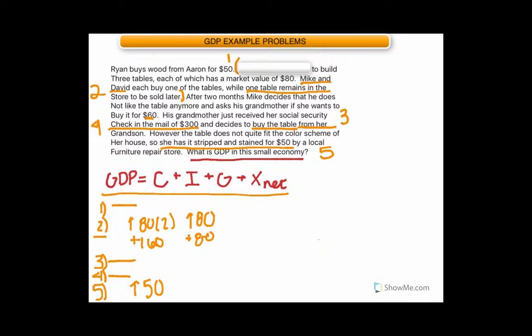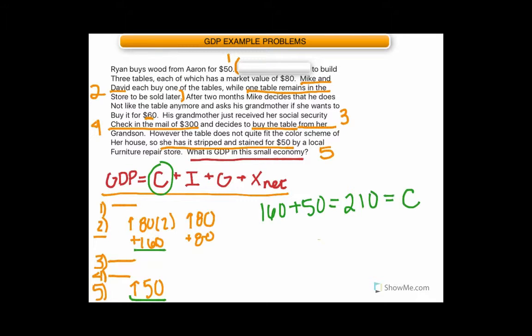So we're going to go ahead and add that together to find out what the GDP was. Our consumption here increased by 160 when we sold the tables and by 50 with the service. So we have 160 plus 50 equals 210, which equals the consumption.